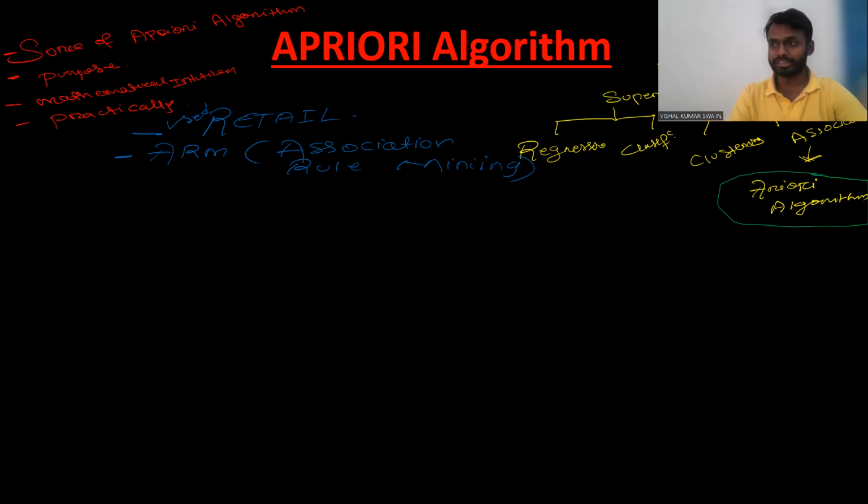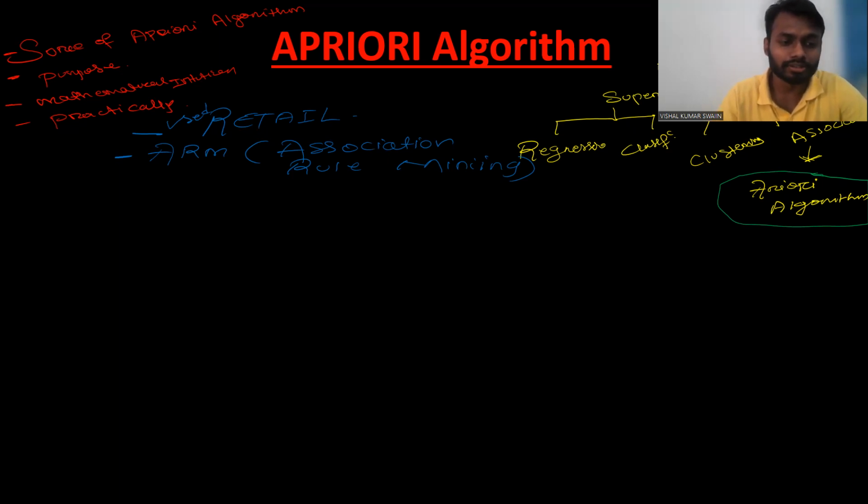So if we look at this project, it means this project deals with the Apriori algorithm. So here the main role is played by the Apriori algorithm in this case. Clear?